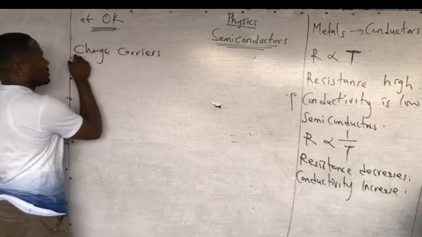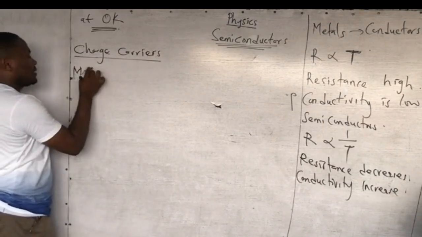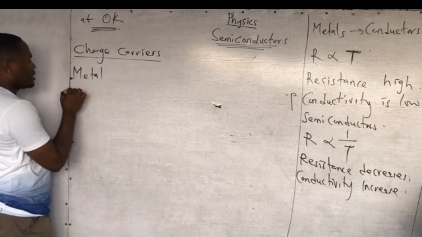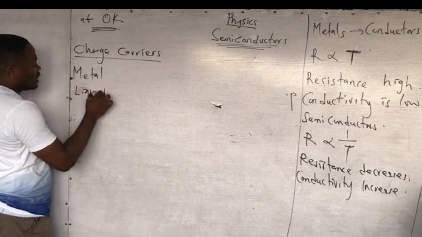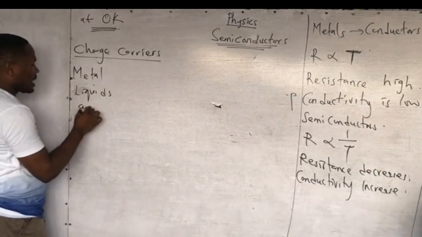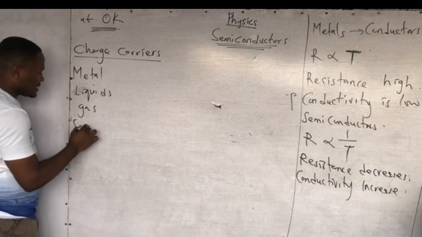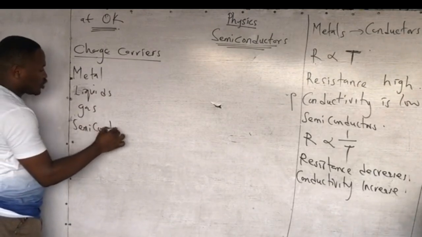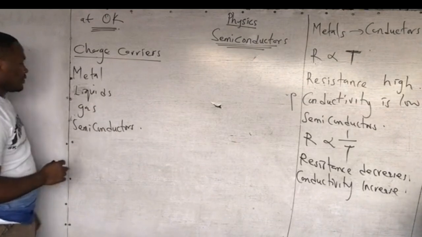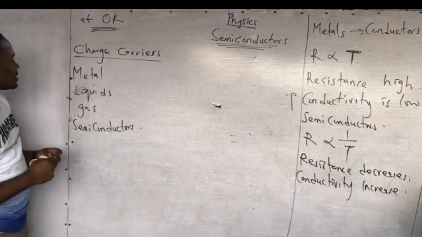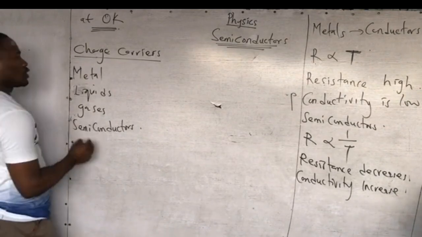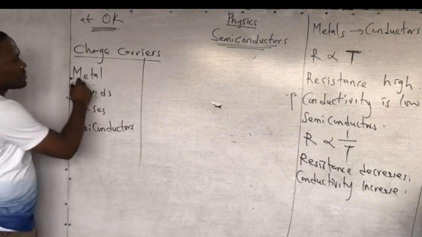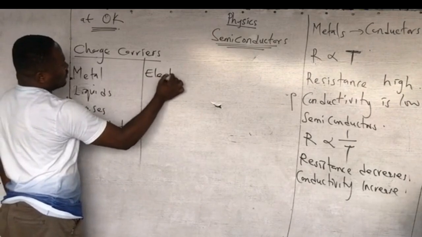Now, what are charge carriers? I'll do this very fast. We have them in metals, in non-metals, in liquids, in gases, and in semiconductors. Charge carriers in metals are electrons. Take note of this question.